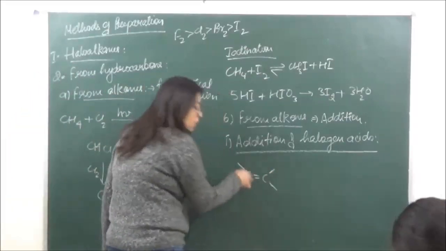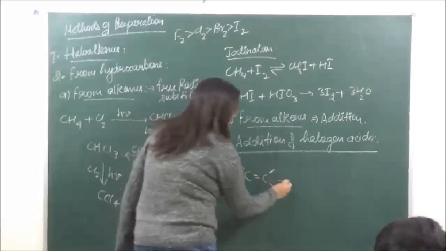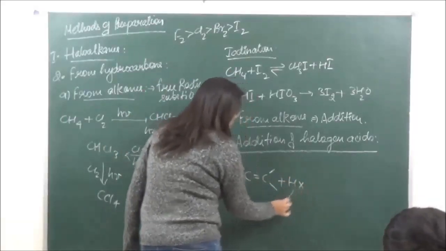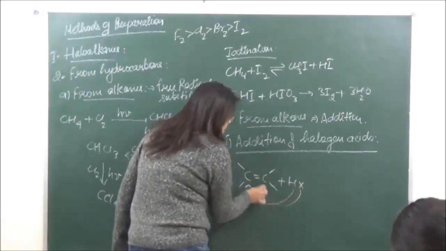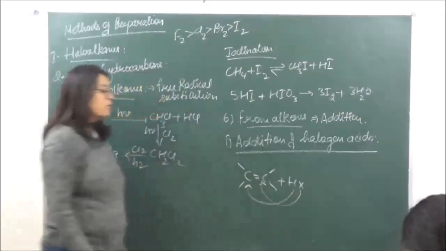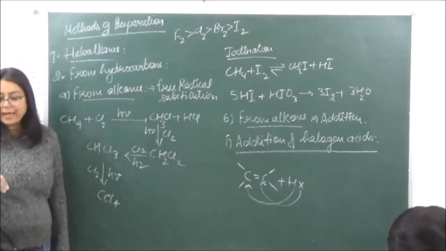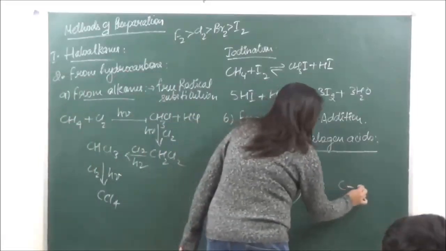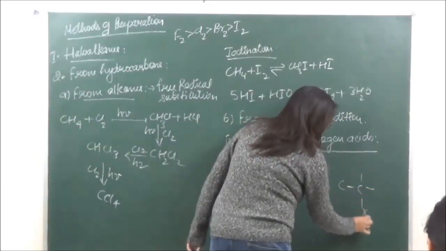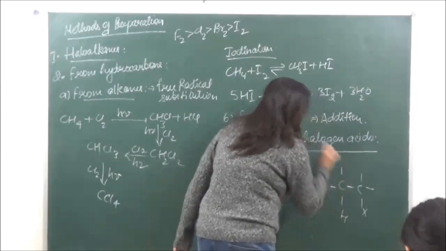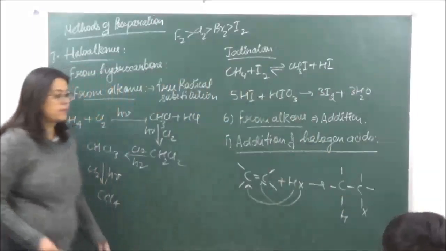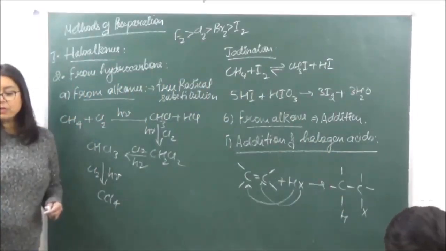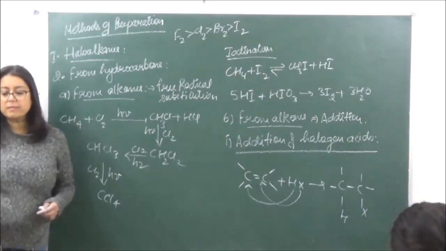If this is the double bond which we have in the alkene plus HX, then H is going to add to one of the carbons and X is going to add to the other, such that we have over here a haloalkane, right? अब यहाँ पे आप देख रहे हो that the alkene is going to be symmetrical.